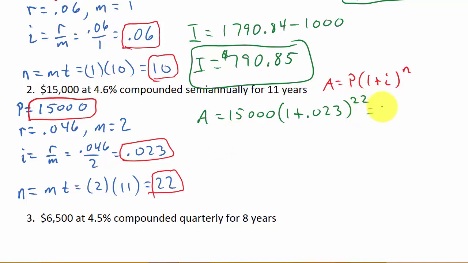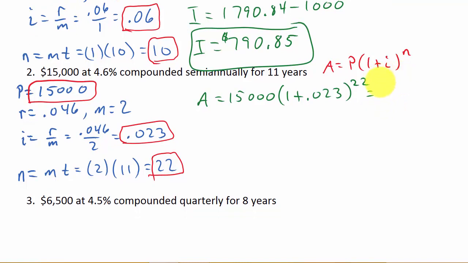And so that is going to give us, well, that's 1.023 raised to the 22nd equals, and then times 15,000. So that will give us 24,737 and 47 cents. Okay. All right, so that's the compound amount.